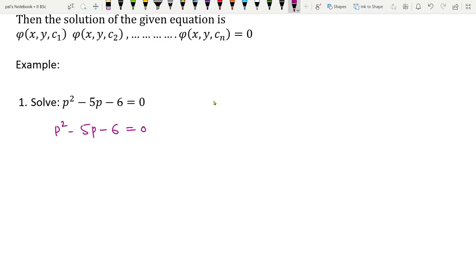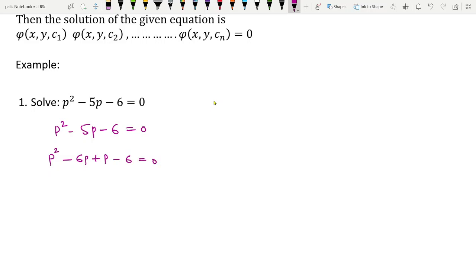We can factorize this one. You take its factorization as minus 6p plus p. Now its sum is minus 5p. You can write minus 5p as minus 6p plus p, minus 6 is equal to 0.